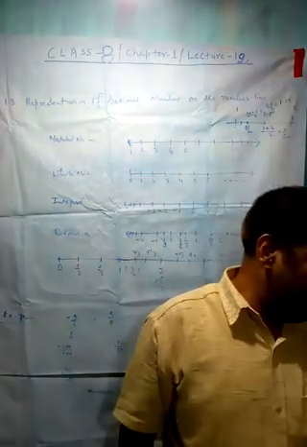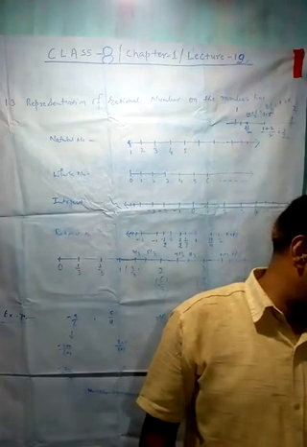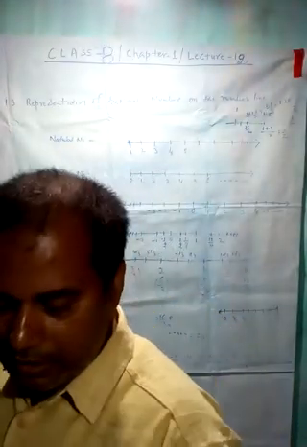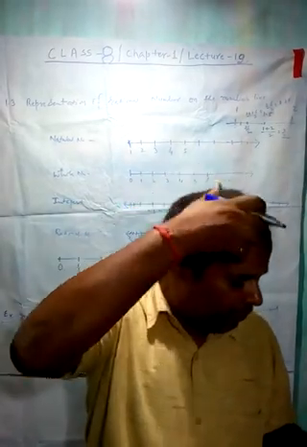This can be seen on the number line also. We find the midpoint of AB, which is C, represented by 3 by 8. We find that 1 by 4 is smaller than 3 by 8, and 3 by 8 is smaller than 1 by 2.